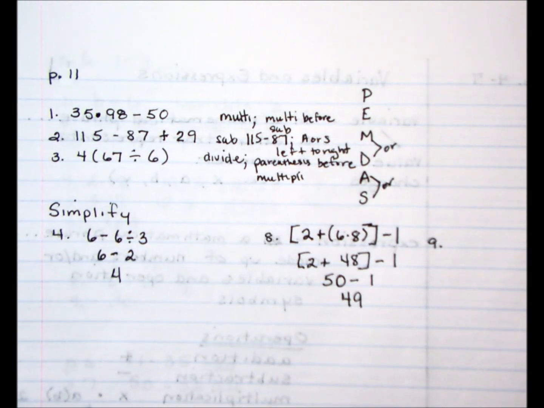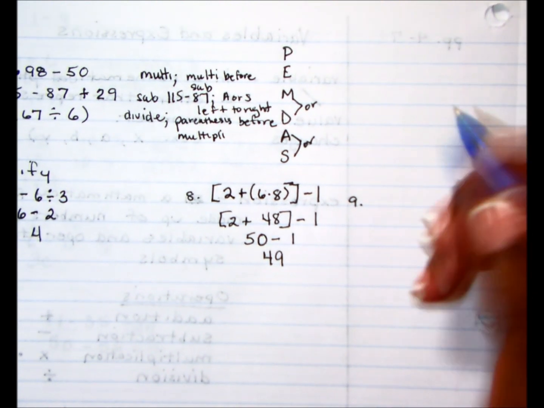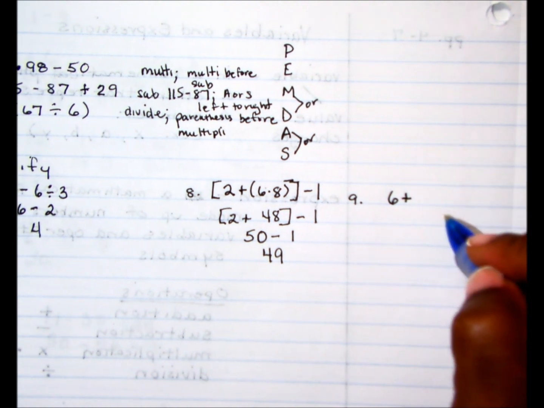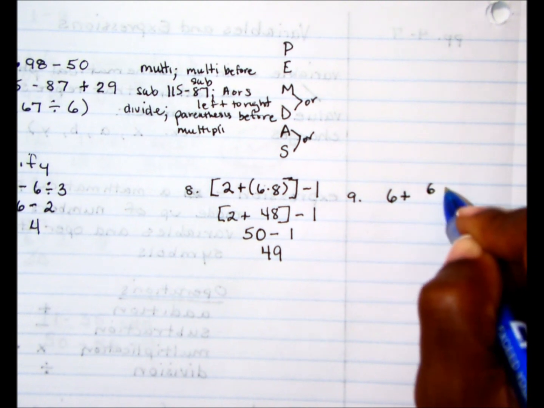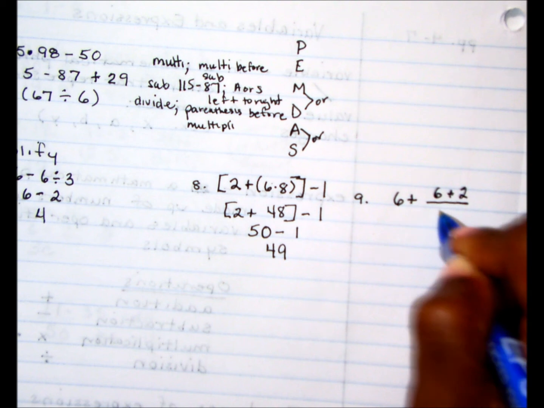The last one uses a bar, a fraction bar. And a fraction bar acts just like parentheses. So if you see a fraction bar, you have to do that first. So it says 6 plus 2 divided by 4.